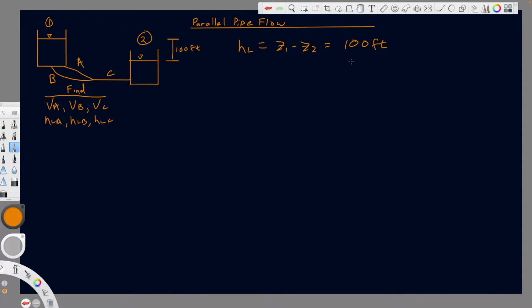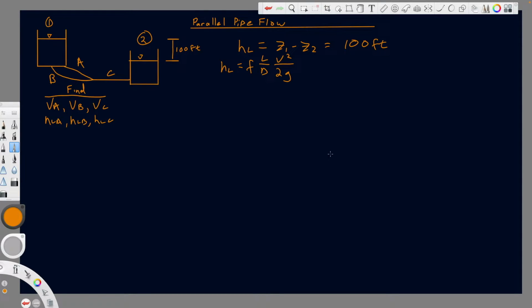Before we start specifically talking about parallel pipe flow, let's have a quick reminder that if we know the head loss, then from the Hazen-Williams equation, the head loss is the friction factor times the length of the pipe divided by the diameter of the pipe, times the velocity squared over 2g.